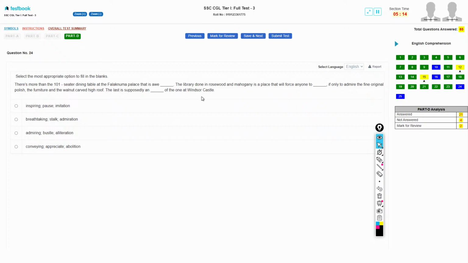The library done in rosewood and mahogany is a place that will force anyone to pause, if only to admire the fine original polish. Between these two, the furniture. The last supposedly an of the one at the station.